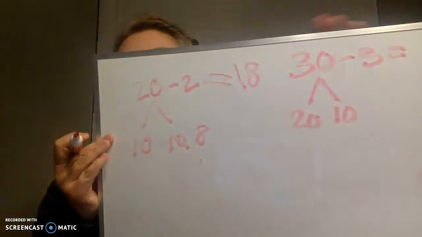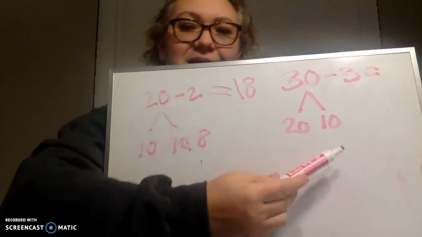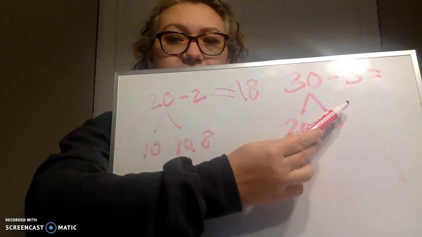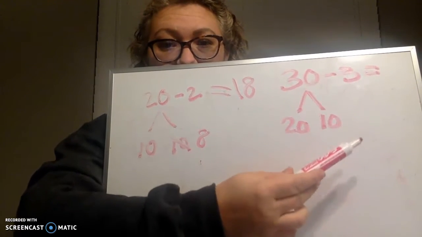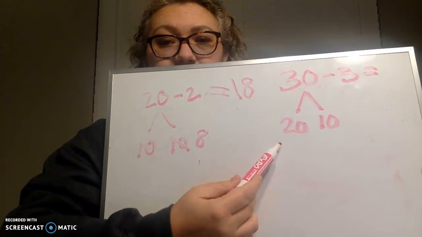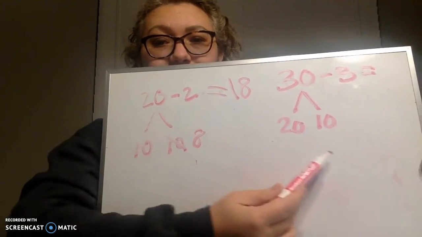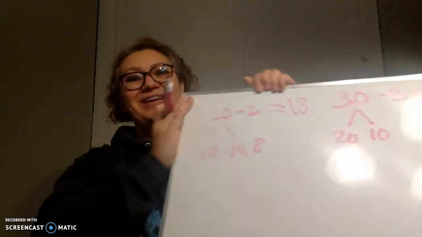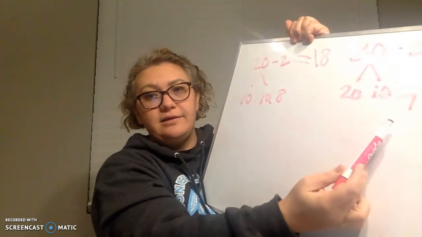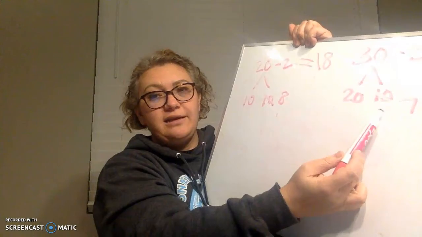What is 10 minus 3? 10 minus 3 equals 7. And we still have this 20. So 27. So I would change this into a 7 because we took the 3 from it. 10 minus 3 equals 7, and then I have 27. And 30 minus 3 equals 27.